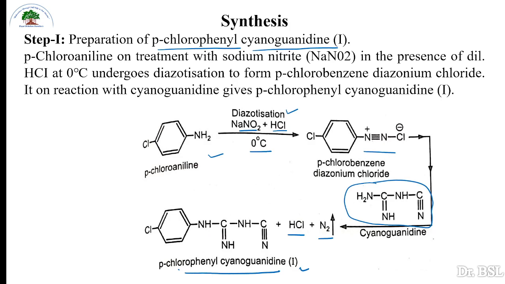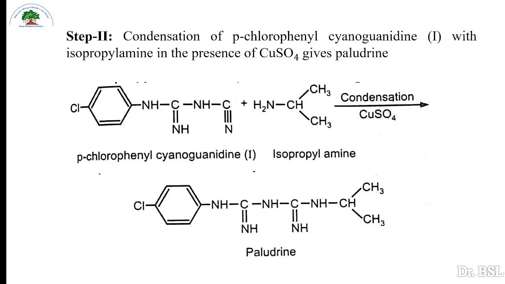This first compound, parachlorophenyl cyanoguanidine, which is synthesized in the first step, is used in the second step for further synthesis.